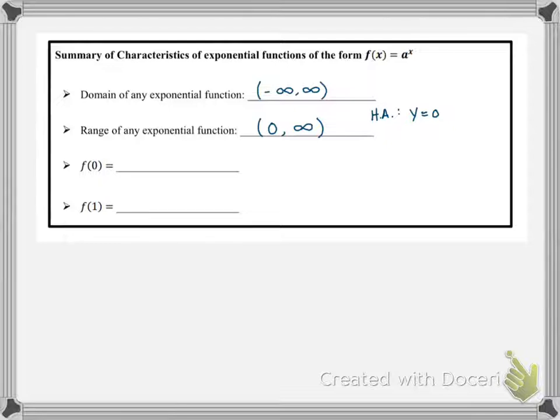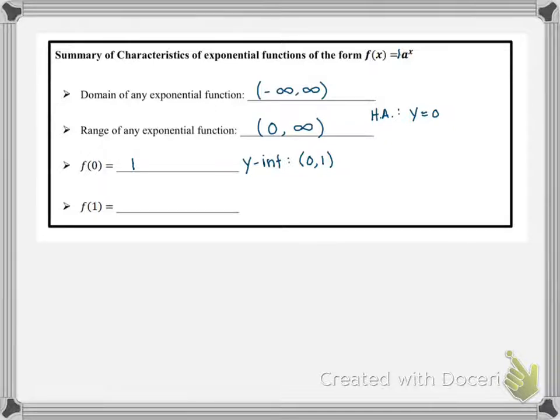Okay, what's f of 0? It is 1, good. Anything raised to the 0 power is equal to 1, which means that our y-intercept for this function is 0, 1. Now notice that we have a coefficient of 1 here, right, so there's no number in front.